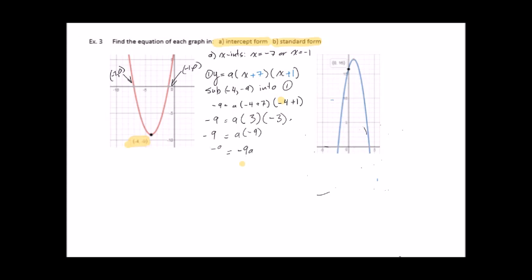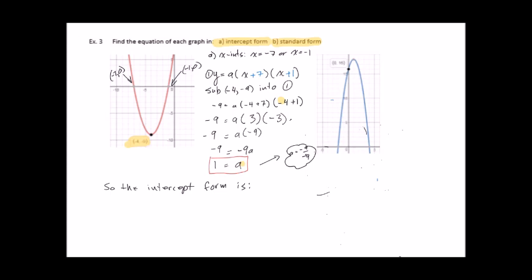Now, solve for a, and you end up with a equaling 1, because a is equal to -9 over -9, which turns into 1. So now that I have my a value, you're going to state your intercept form.